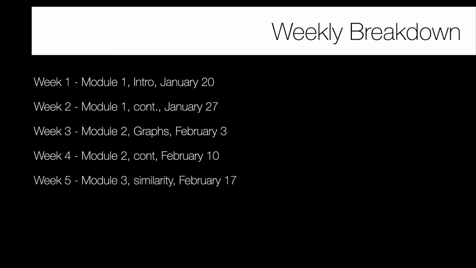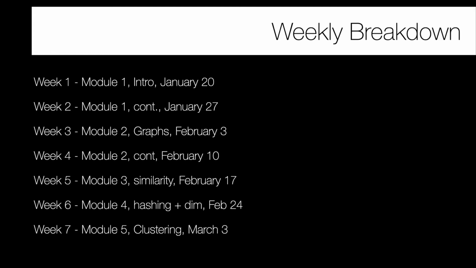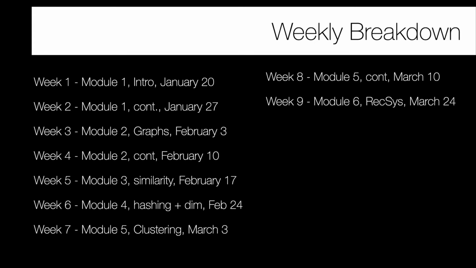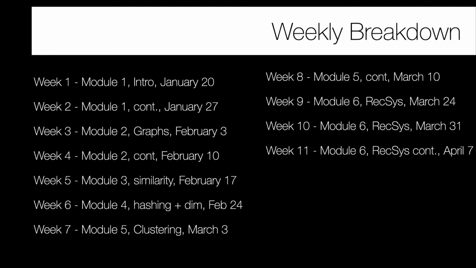Week 5 is about similarity. Week 6 is about hashing and dimensionality reduction. Weeks 7 and 8 are about Module 5, about clustering. Weeks 9, 10, and 11 are about recommendation systems.